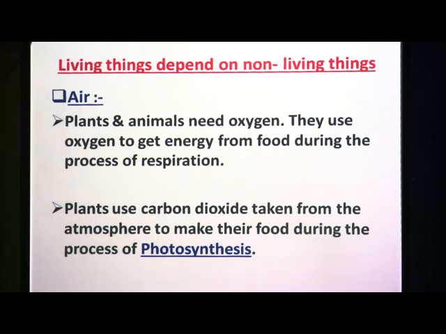As I told you before, oxygen is needed for all living things, all animals, and in the process of photosynthesis plants release oxygen, which is again used by plants and animals for respiration. In this way both plants and animals require air to live.